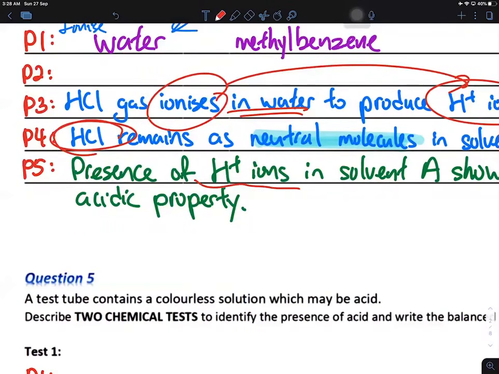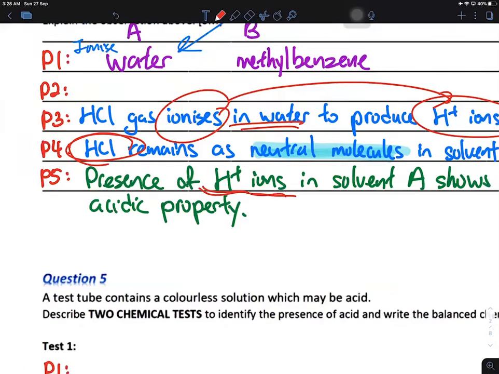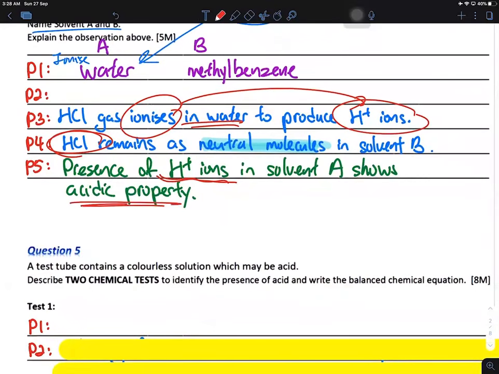So therefore, the one that has hydrogen ion will show acidic property. So it changed the color of litmus paper. And this one, which is still a neutral molecule and no H plus ion, then there is no acidic property. Just like that.